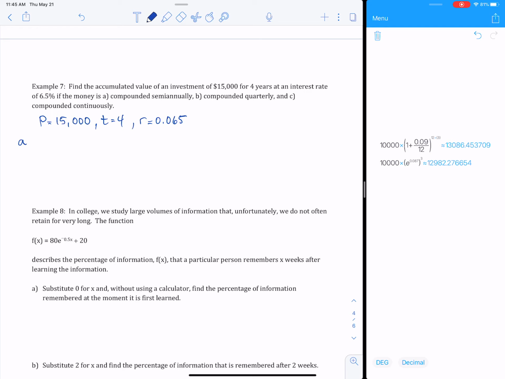For question A, the accumulated value is going to be 15,000 times 1 plus the rate. For A, compounded semi-annually, what is N? N is how many times per year this interest is compounded. And since it's semi-annually, that means that there are 2 periods.